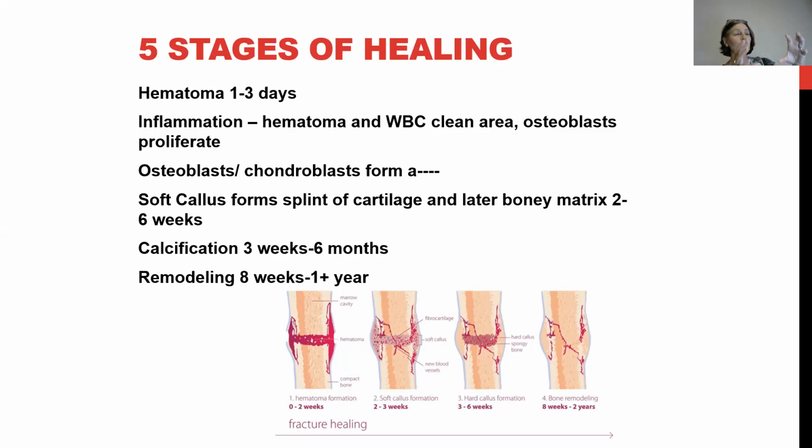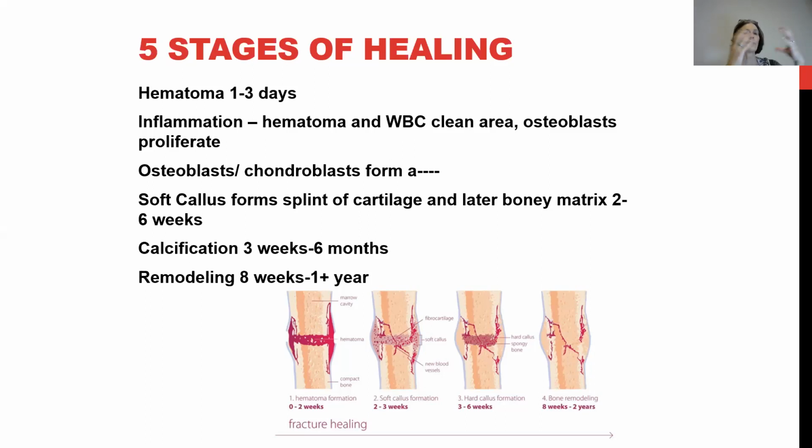They're laying down a spongy matrix and they're forming what we call a soft callus around that side of the bone. It's going to give it some structure, some cellular structure. So as the patient's diet is good and they rest, then that bony matrix, that soft structure, can calcify and harden.